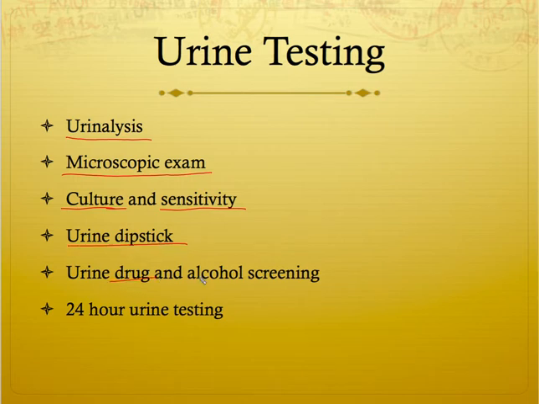They can do drug and alcohol screening, which is what we've done previously at school, or still do at school. And then there's 24-hour urine testing to see about different drugs and specimens in your urine that aren't supposed to be there. These are just some different methods of testing your urine for its components and seeing if they can discover what's going on in your body.